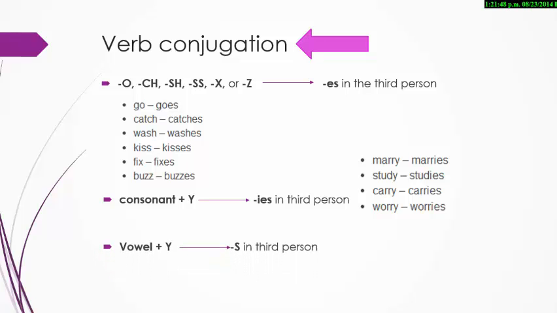And finally, for verbs that end in a vowel plus y, we don't remove the y, but we add s in third person. For example: play, plays; enjoy, enjoys; say, says.